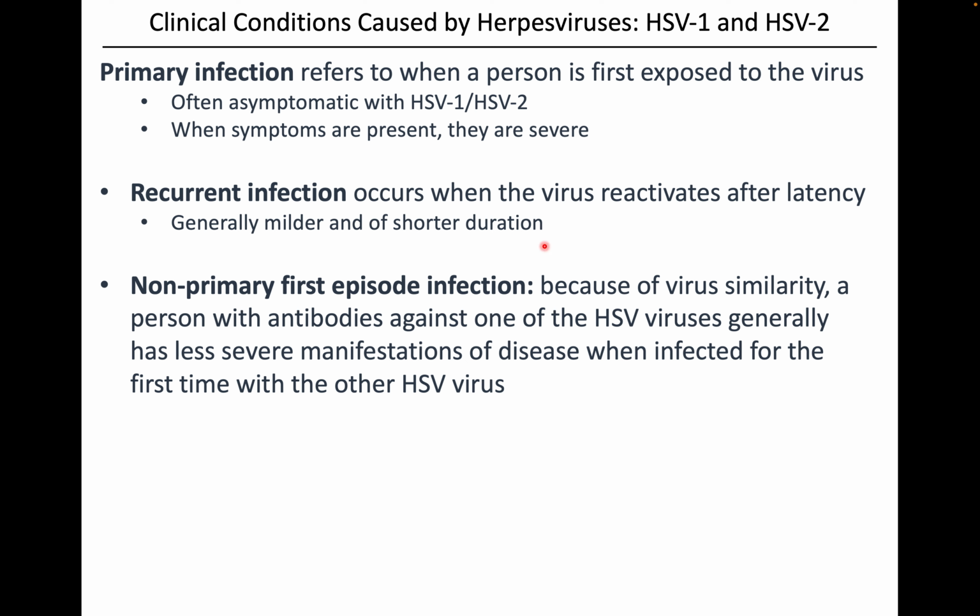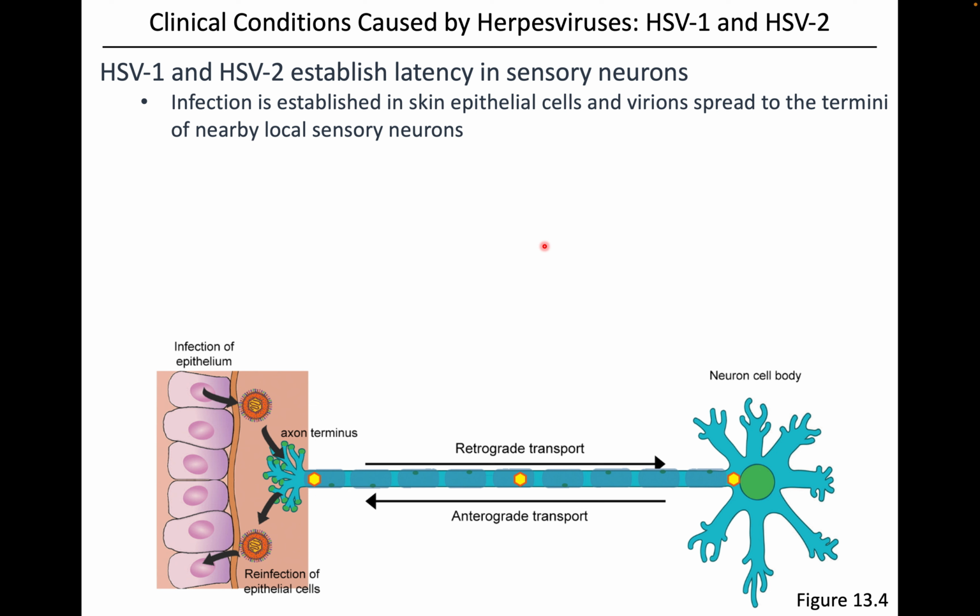And, if you're unfortunate enough to get both herpes simplex 1 and 2, because there's some similarity and antibody cross-reactivity between the two, whichever one you were to catch second, you're probably going to have less severe initial symptoms than you might have otherwise had.